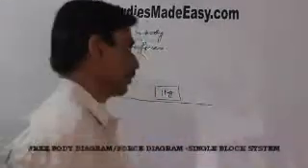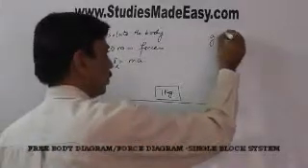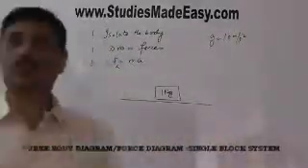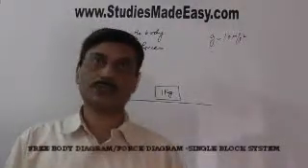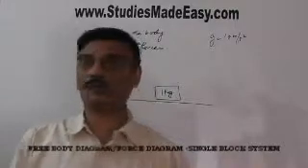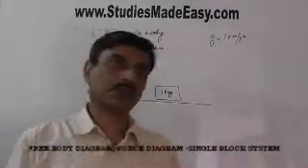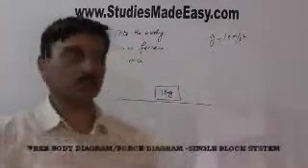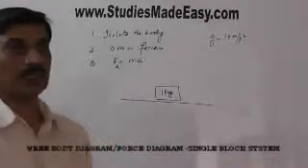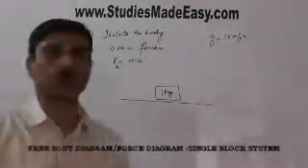If I take g as 10 meter per second square instead of 9.81, only for convenience, so that the calculations become easy and we can spend more time understanding the concept, then the weight of this body is m into g, mass is 1 kg, g is 10 meter per second square, so weight is 10 Newton.